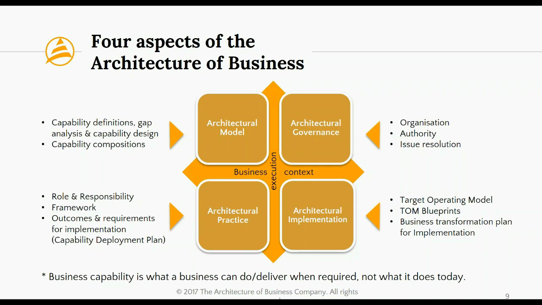The architectural governance that drives and controls the design and implementation of capability-based business solutions. And the implementation of those capabilities in TOM, which becomes optimal for both corporate strategy and market dynamics. On this slide, you can see what business elements relate to each architectural aspect.